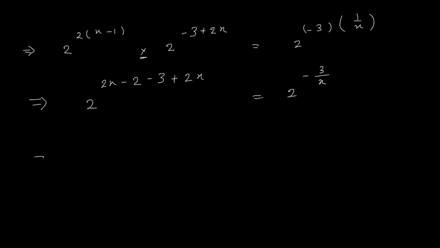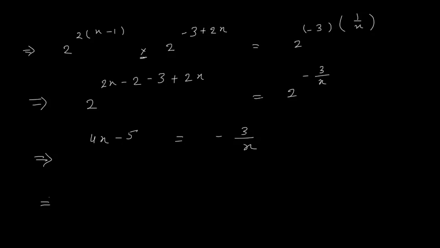So this implies that now I will solve the power and equate the power. So 2x plus 2x, it becomes 4x minus 5 on left hand side, and right hand side it is minus 3 upon x.